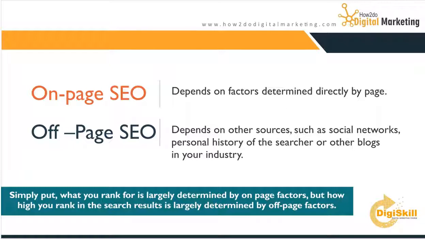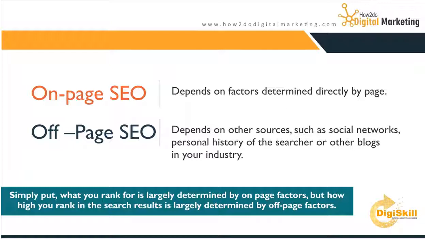What is important is that Google will crawl your website whether or not you have optimized it on-page. But what you rank for, whether you're on page 1 or page 100 or page 300, is determined by your on-page factors.